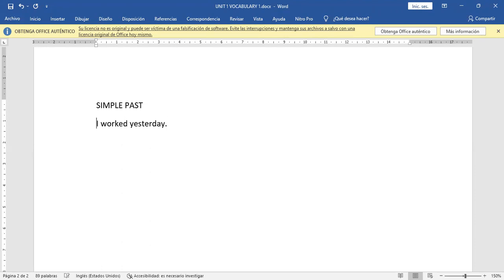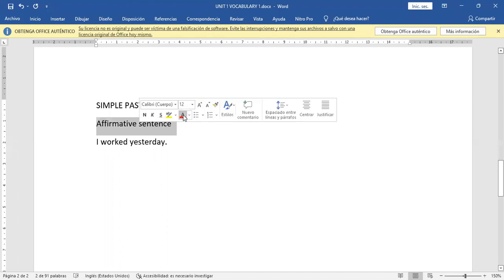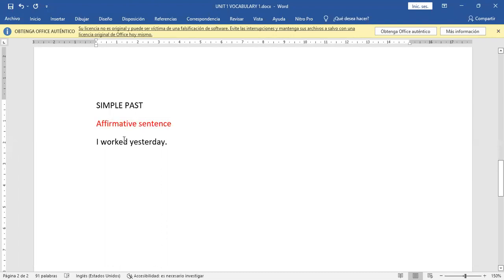As you notice, this is an affirmative sentence in the simple past. I worked yesterday. What do we need? We need the verb in the past.